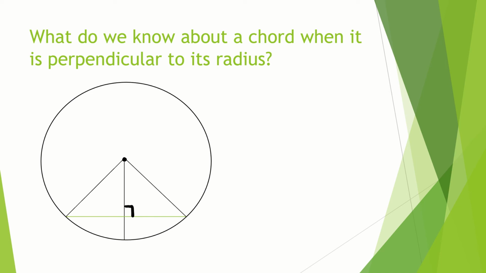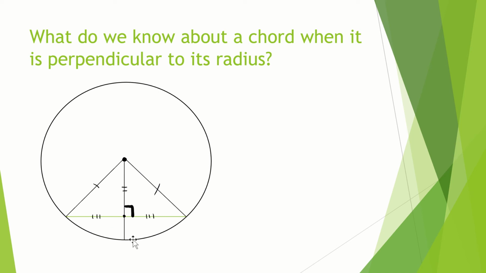Because these two segments that I drew are both radii of the circle, they're the same. This segment is the same as this segment. Of course, this segment is the same as itself. That's the reflexive property. And by the hypotenuse leg triangle theorem, we know that these two triangles have to be congruent, right? So because of that, these two segments are the same.